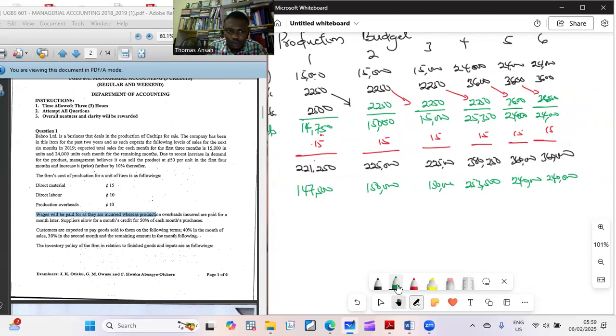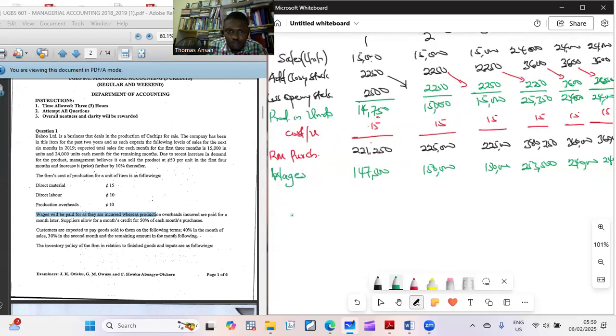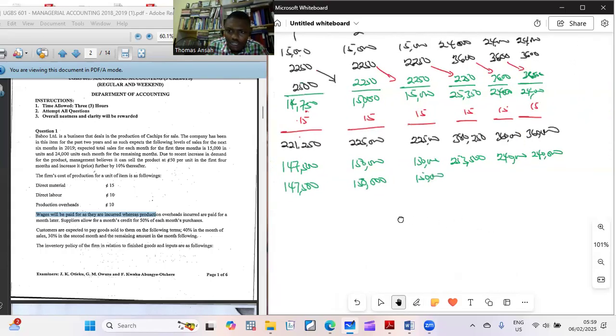Then the production overheads. Here too is production. So there is nothing like depreciation. You can add it. All right. So I think it is a repeated practice because that one too is sometimes because of time in the exam, your examiner makes certain things obvious. So you don't have to punch calculator for that one again.